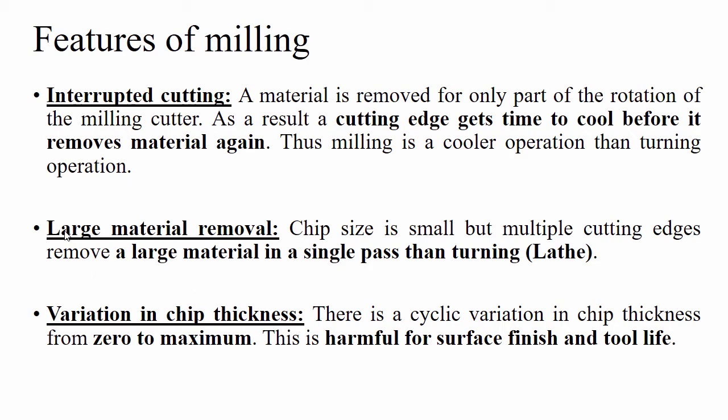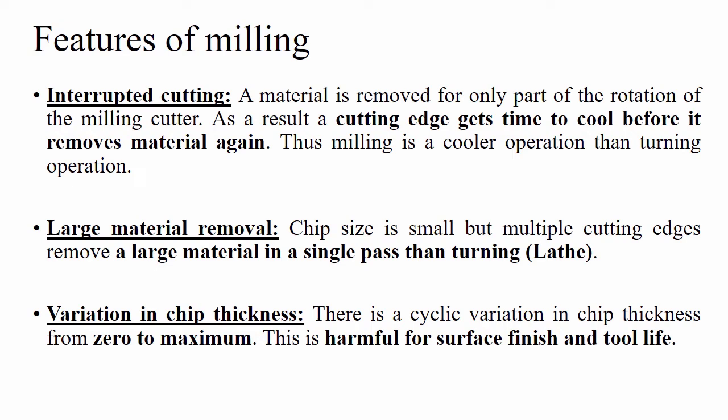One more thing is that here you are going to remove more material than in the lathe operation. The amount of material that you remove in the milling operation is more if you compare with the lathe operation.